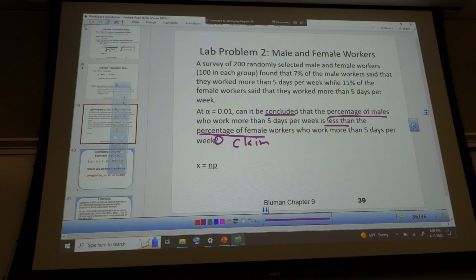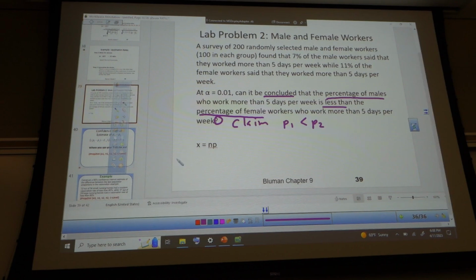Is the more than 5 days a week part of my claim? No, that's just the question that you ask people: do you work more than 5 days a week? So my claim is that the percentage of males, we'll call it P1, is less than the percentage of females.